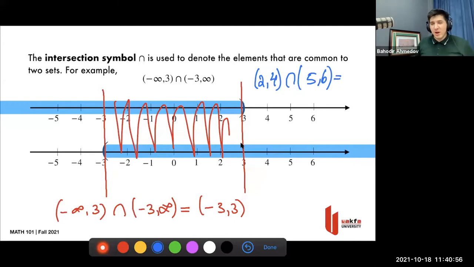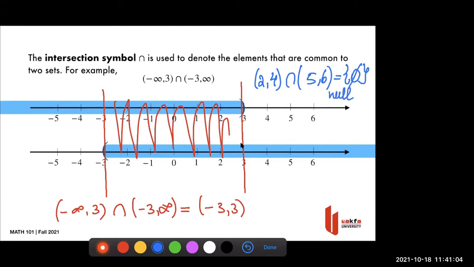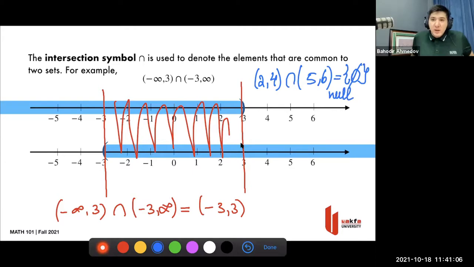There is no number which is common in both of the sets, so we're going to denote this like this, which means no.